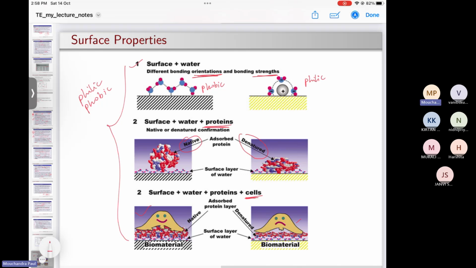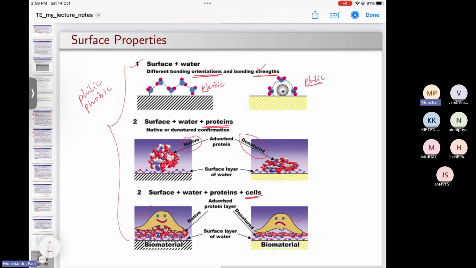And due to that, the water molecule is very strongly attracted towards it, and this type of attraction is so strong that it forms difficult-to-break bonds. Okay, the water molecules are not ready to leave the surface, so that can happen.